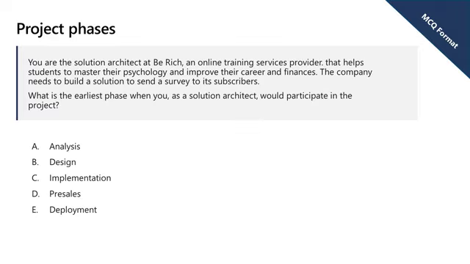What is the earliest phase when you, as a solution architect, would participate in the project? So you got 5 proposals right here. You have to choose only one. Of course, here, the solution will be the pre-sales, the D. So you just have to select the D and click on Next to move to the next question.